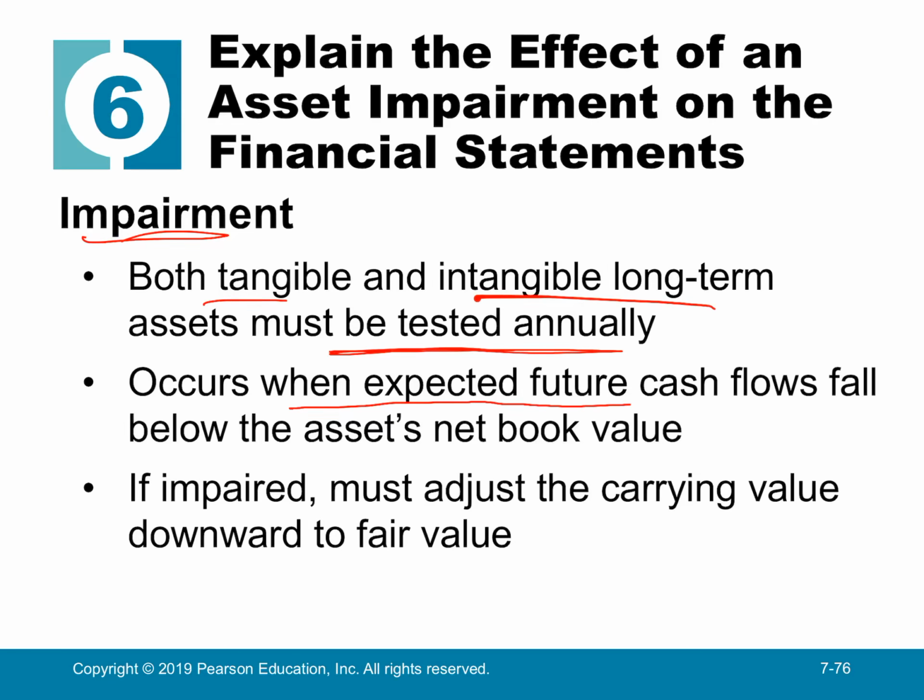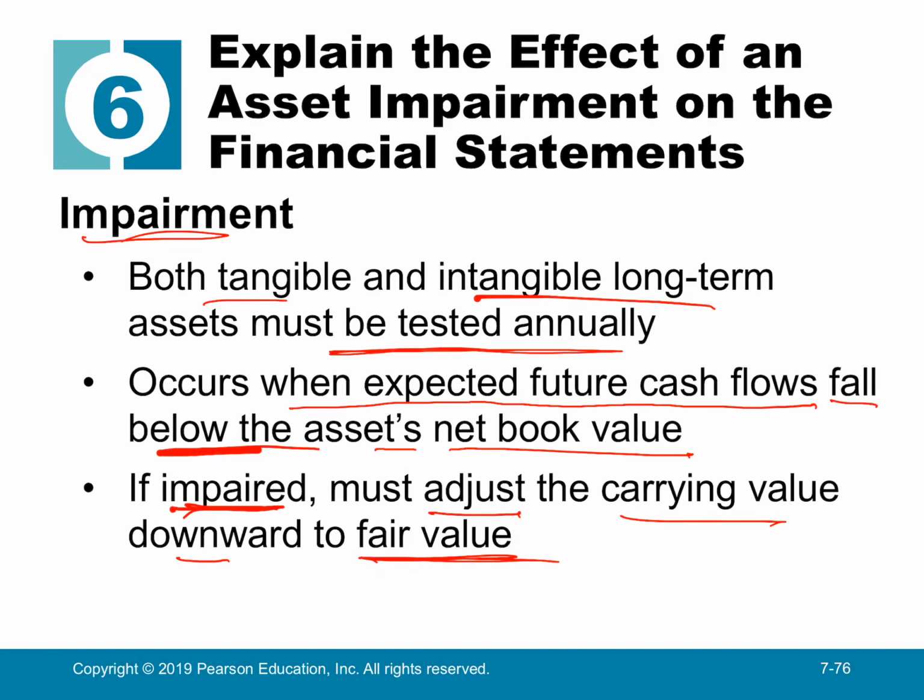So this occurs when the expected future cash flows fall below the asset's net book value. If we calculate that it's impaired, you adjust the carrying value downward to the fair value. So as you can see, you have net book value, carrying value, fair value, 3 different definitions of value. Let's look at an example. I know it can get confusing.